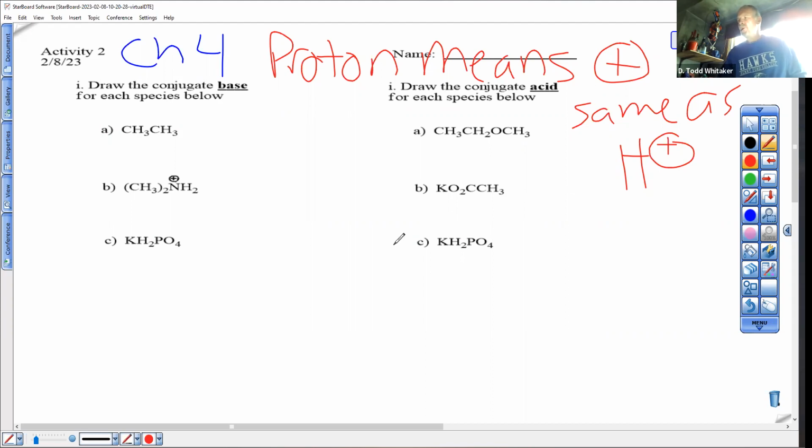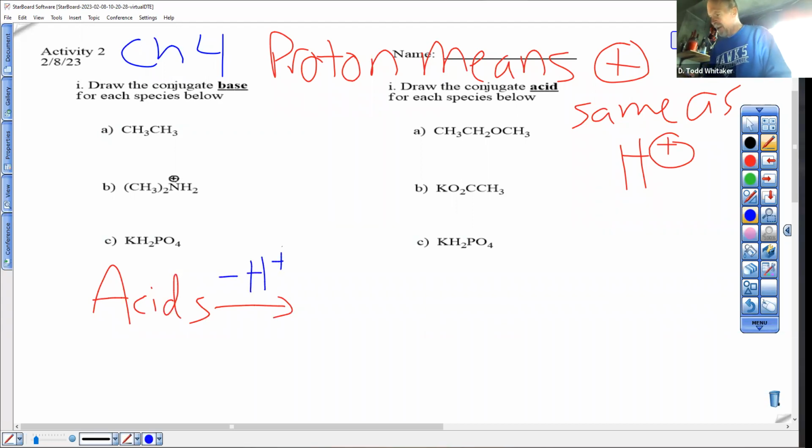So what I want you to do is remove a proton from these acids. These are acids. And they're going to lose a proton to give the thing you draw. Let's see who's paying attention.